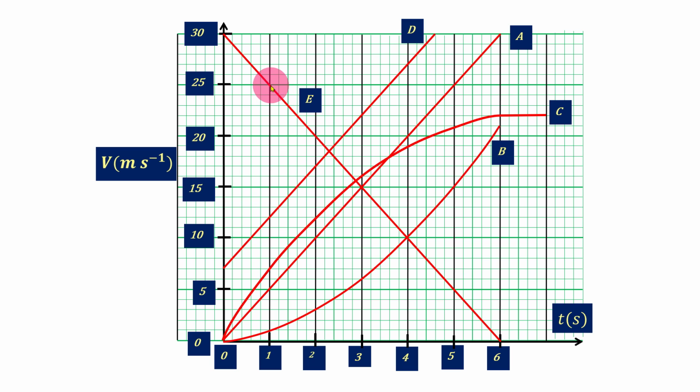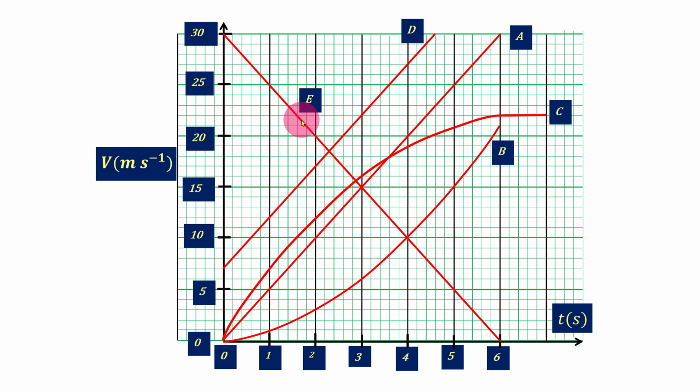Listen to this sentence clearly. The object starts with a velocity of 30 meters per second and decelerates uniformly to rest. Its deceleration is 5 meters per second squared. You see, there is no mention of the negative sign, because when we talk about deceleration, it means negative acceleration.